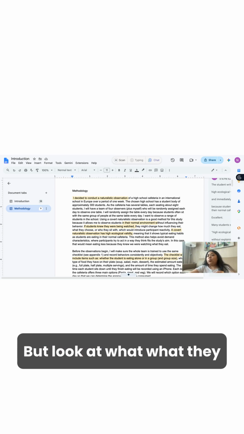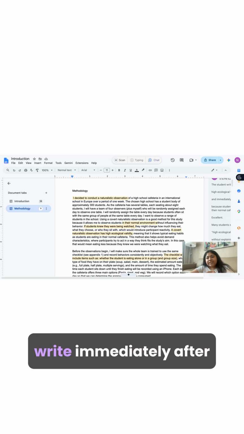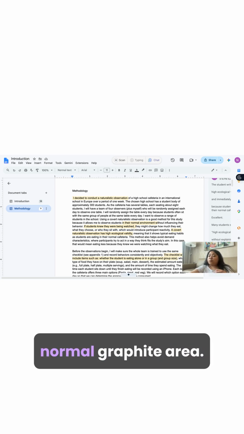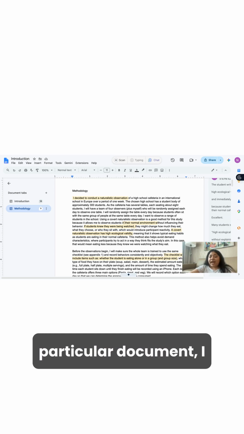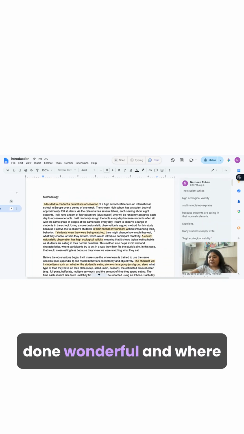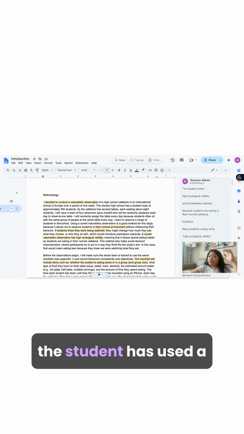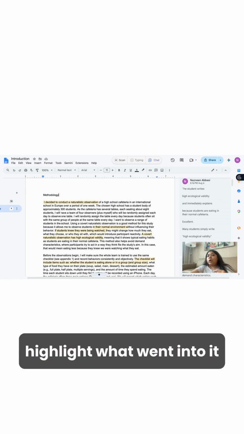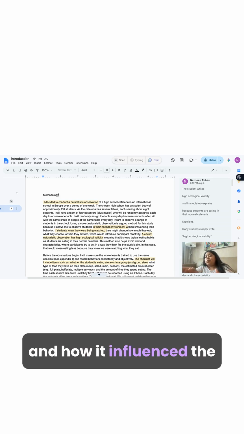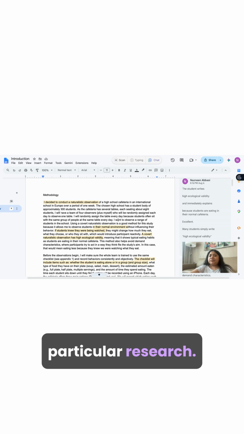But look at what they write immediately after that: meaning that it showed typical eating habits as students are eating in their normal cafeteria. In this document, I have highlighted where the student has done wonderfully and used a very smart tactic to highlight what went into it and how it influenced the research.